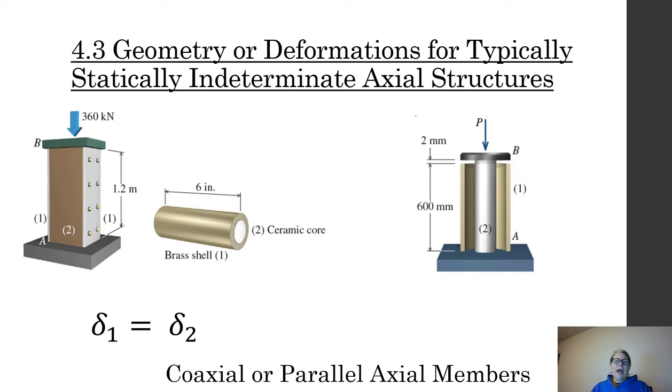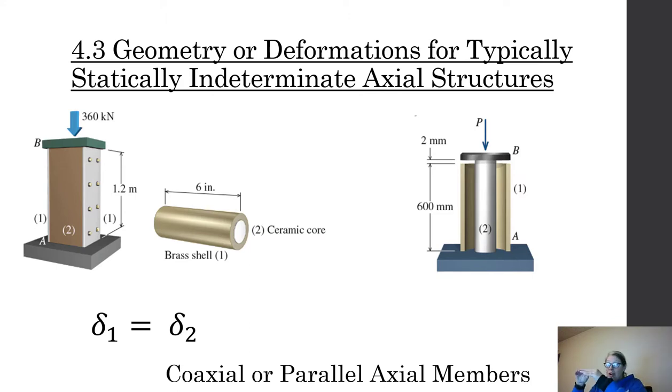So this time I know that the delta of core, or material 2, plus 2 millimeters equals the delta of, step back, the outside shell. The delta of the shell plus 2 millimeters equals the deformation of the plunger, because we get free 2 millimeters before it starts acting as a unit.